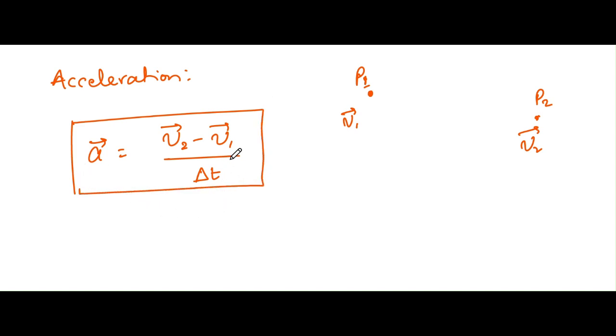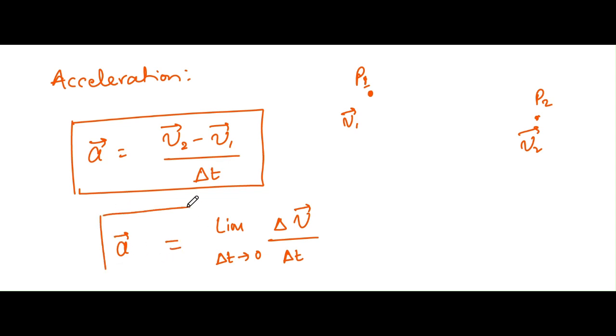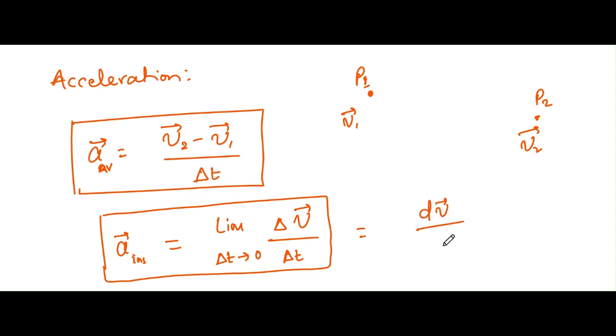And if we are taking in general, let's say this is velocity, and this is change in velocity, and then this is change in time. So this will be acceleration. And if we are taking the limit delta t tends to 0, we will get another way of writing acceleration. So now you can easily identify that this acceleration is average acceleration, and this acceleration is instantaneous acceleration, which we can write dv by dt.